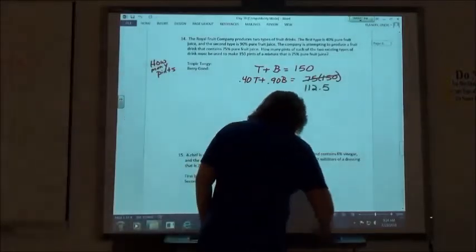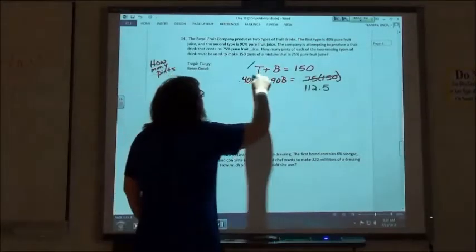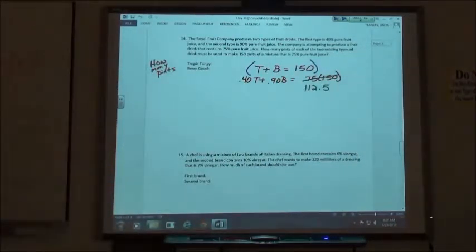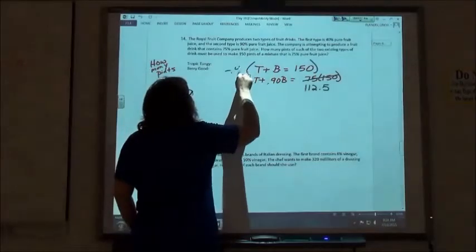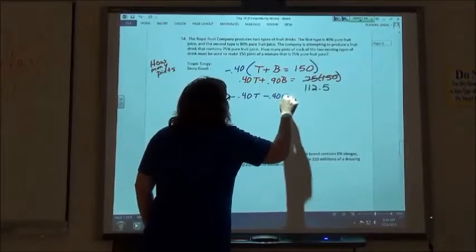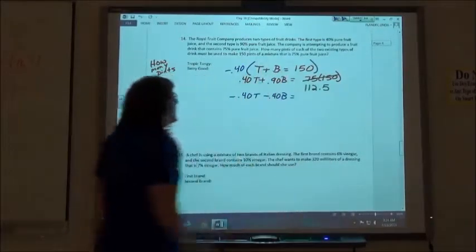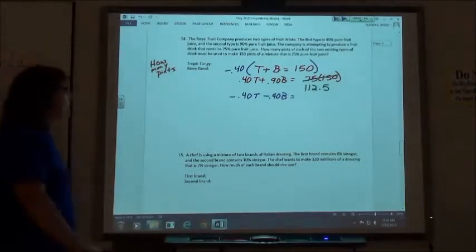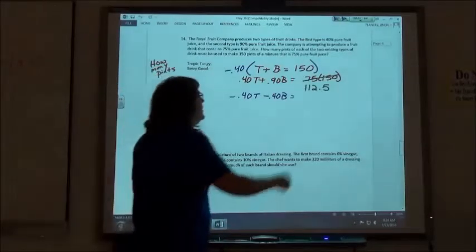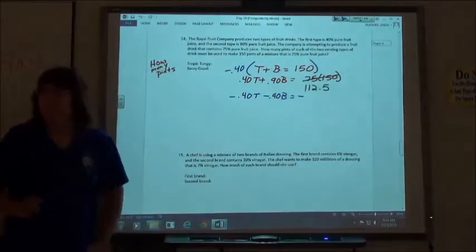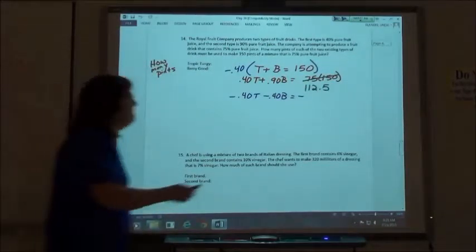Okay, so if we decide to solve that by the elimination method, we might multiply the top equation times what? Negative 40%. So negative 0.40t minus 0.40b equals negative 40% times 150, which is negative 60.